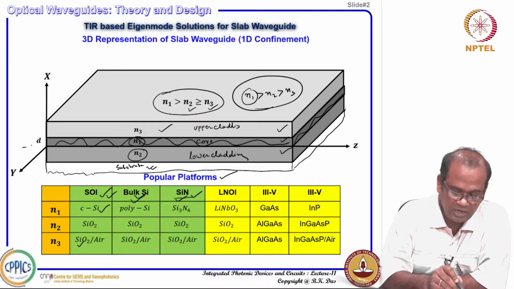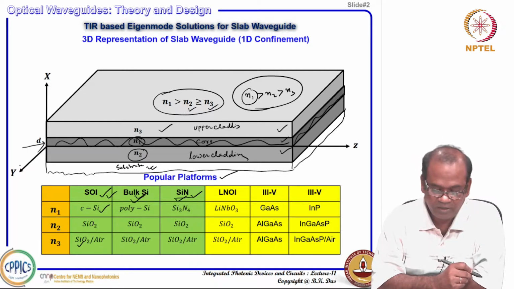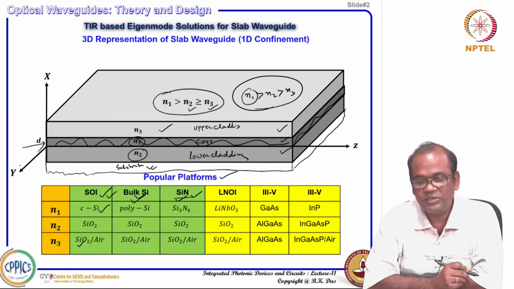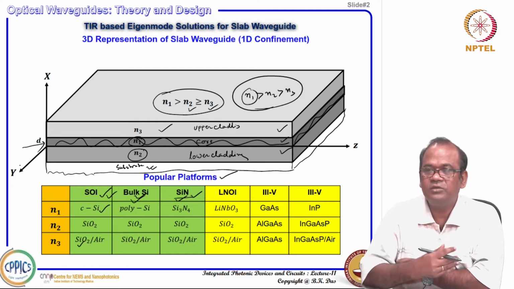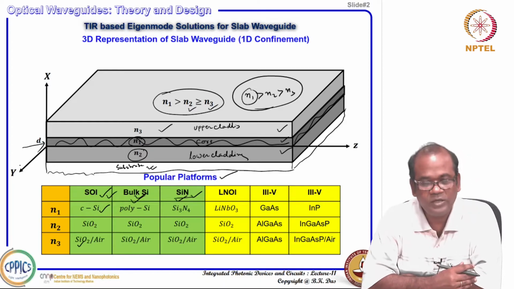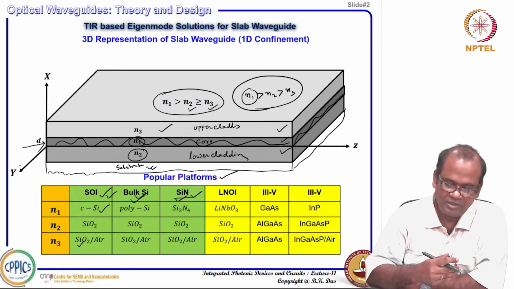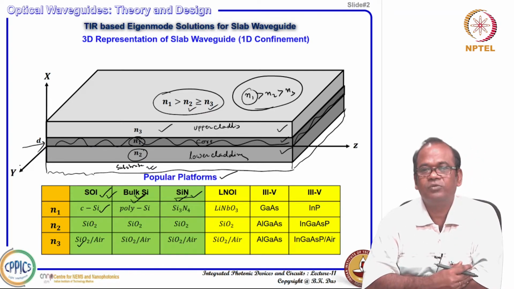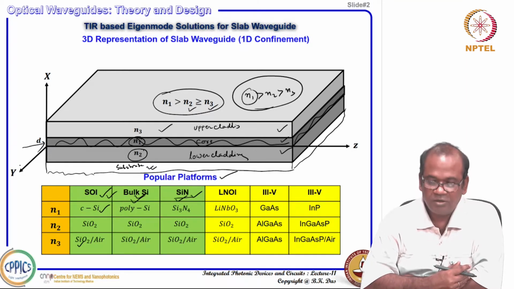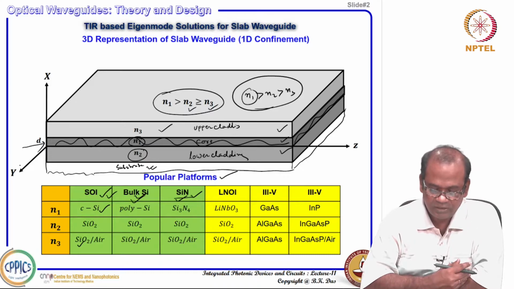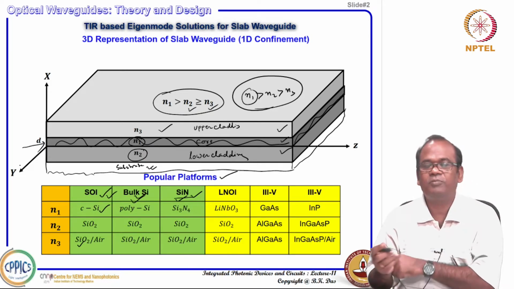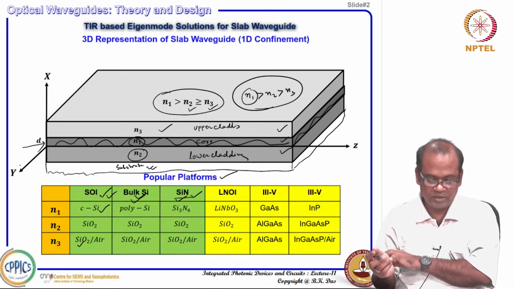So, if you are launching light, this light can propagate in either the y direction or z direction freely. It is a homogeneous medium, like an infinitely extended yz plane, but along the x direction there is an inhomogeneity. There is a core region where the refractive index N1 is higher along the x direction, and top cladding or upper cladding and lower cladding.